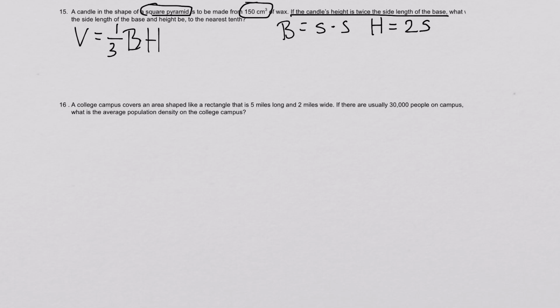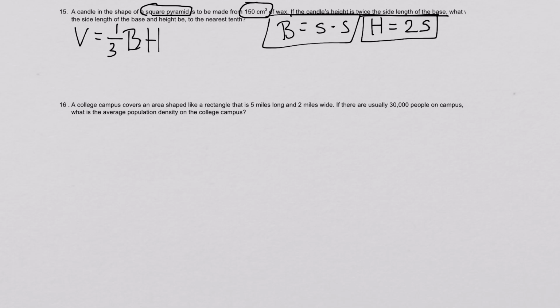So if H is equal to 2S, what could the side length of the base and height be to the nearest tenth? Okay, so this is going to take me a little bit of work to figure out. So I know that the area of the base, since it's a square, is side times side. I know that the height of the pyramid is 2S because they tell me that the height is twice the side length. So using those two things, I'm going to plug them into the formula.